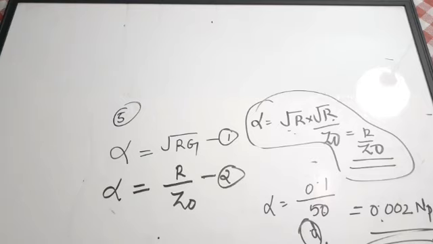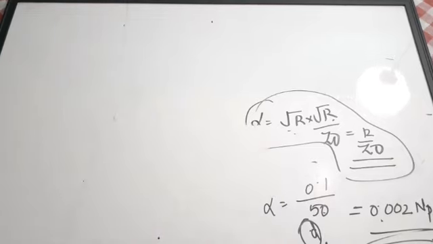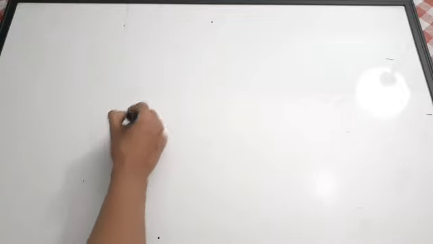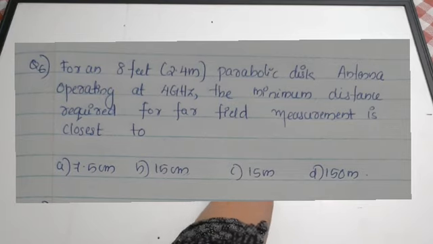Now moving on to the sixth question. The sixth question is from antennas. I've included the question from antennas also along with this. For an 8 feet, 2.4 meter, so 8 feet is 2.4 meters, the antenna height is given as 2.4 meters.